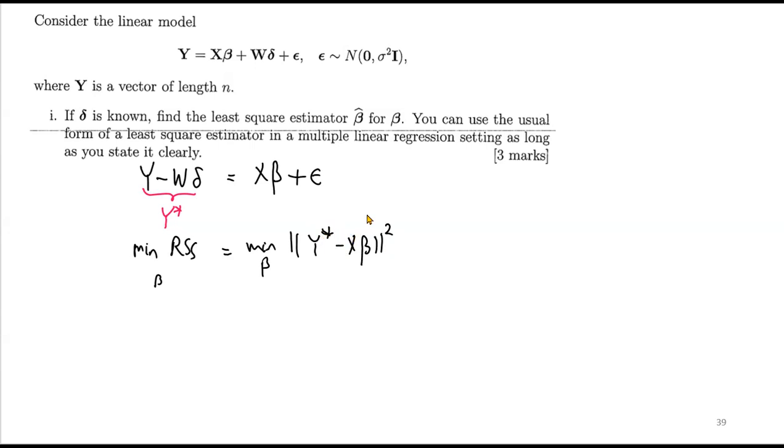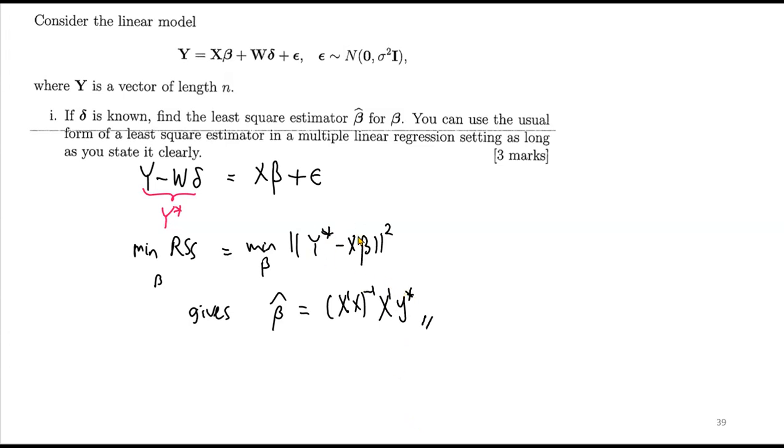Or you could just write this with the transpose. It's up to you. And because the question says you can use the usual form of the least squares estimator, it's not asking me to prove this. I'm just explaining what I'd actually be solving. Y star.